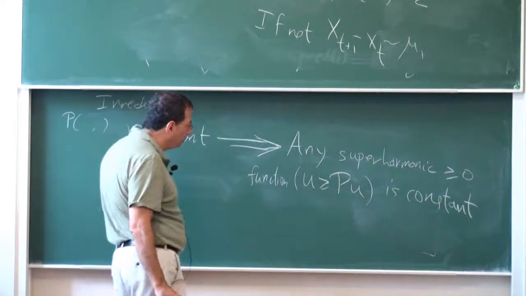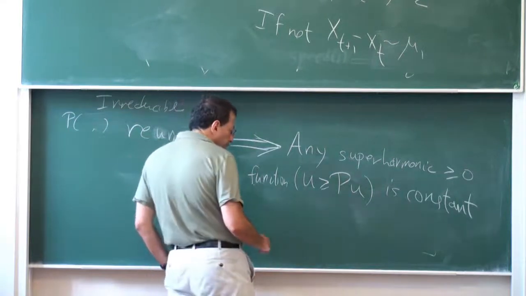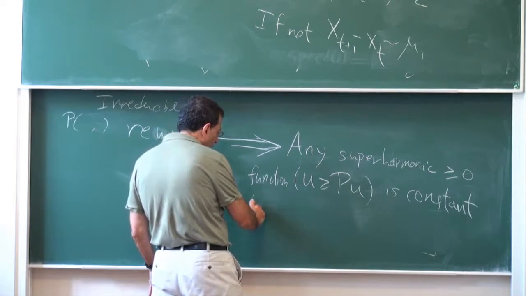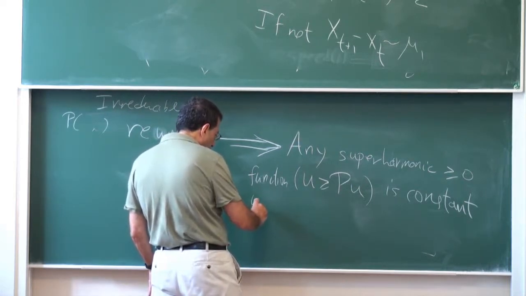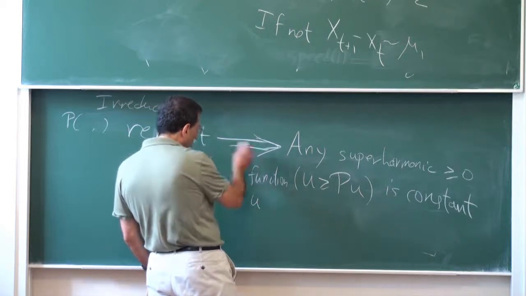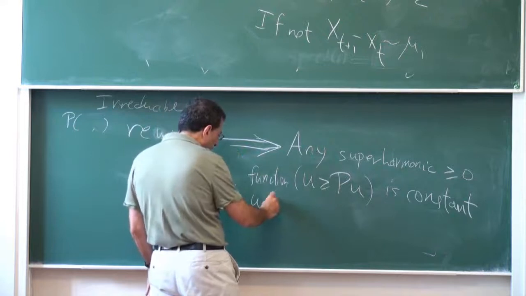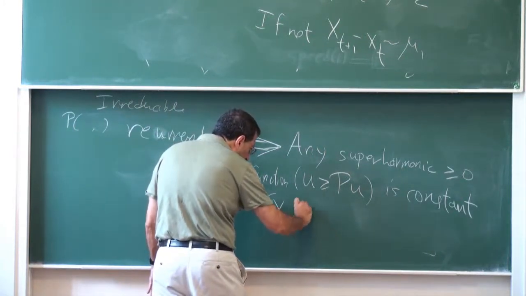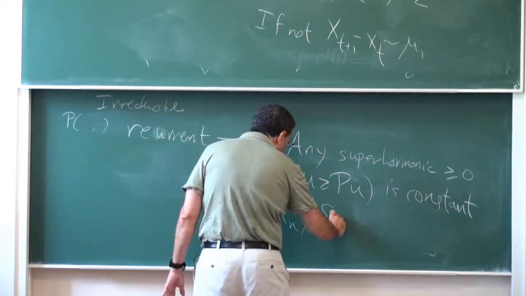And this is in fact if and only if. This is very, very easy to see, because if u is superharmonic, both directions are true, but I just want this direction, and the proof is that if you look at u of Xn, this will be a non-negative supermartingale.